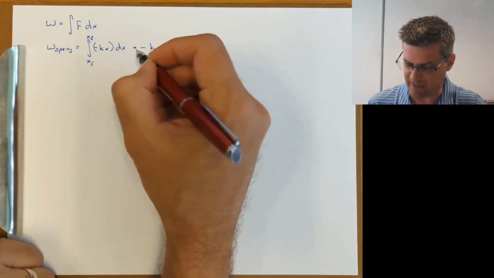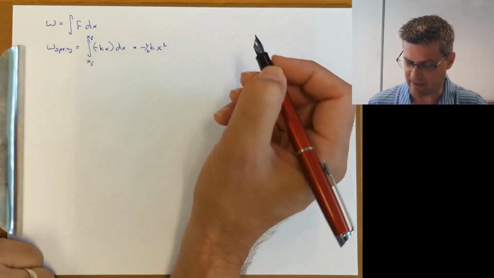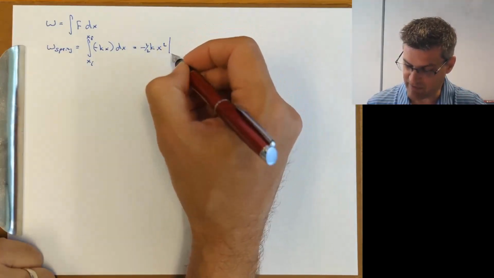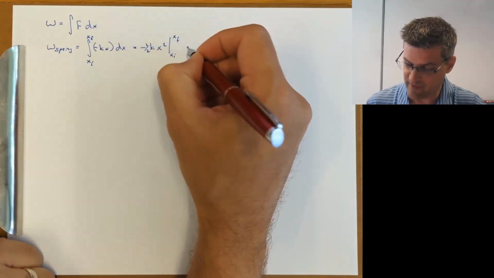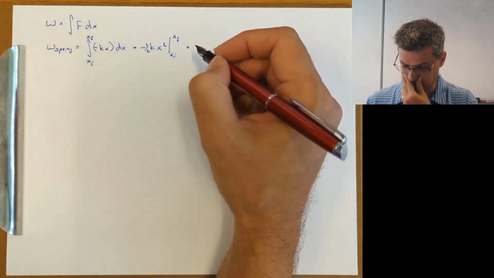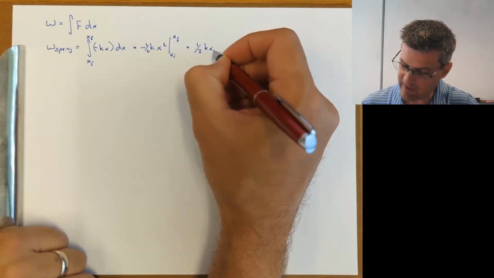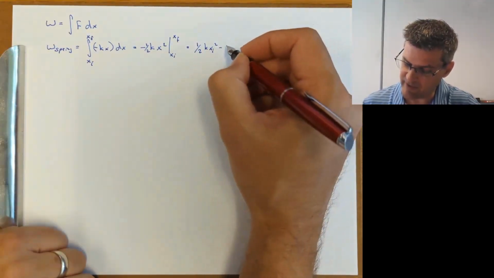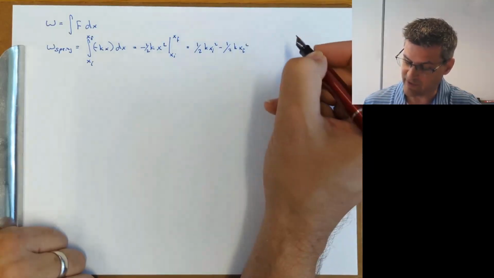We're integrating x dx, which is 1/2 x squared. But we still have to apply this with the limits of integration. And so what we find is that we get 1/2 k x initial squared minus 1/2 k x final squared.